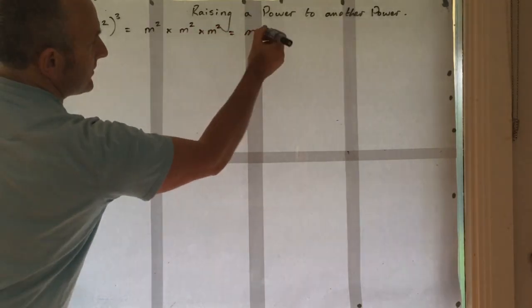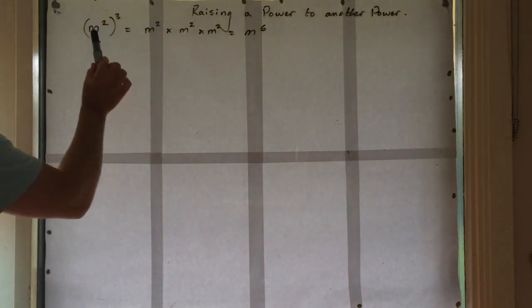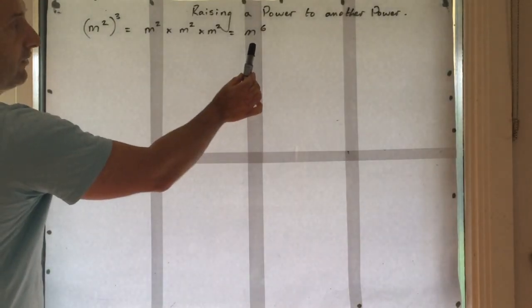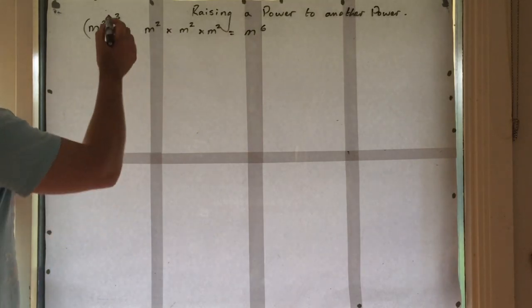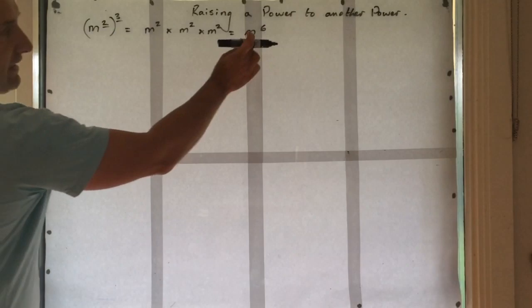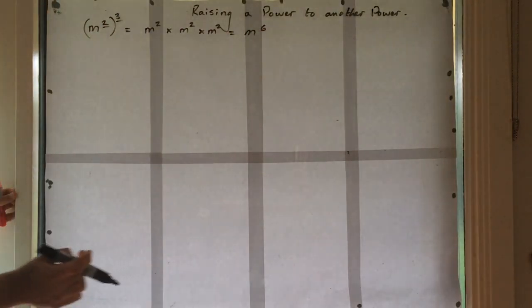So that's m to the 6. So we start to realise that m squared to the power of 3 is m to the 6. Now if we look, we can see that when we multiply these two here, we arrive at that.